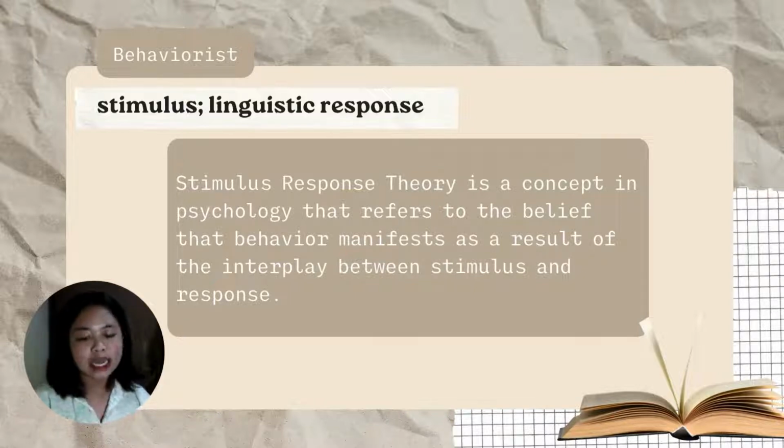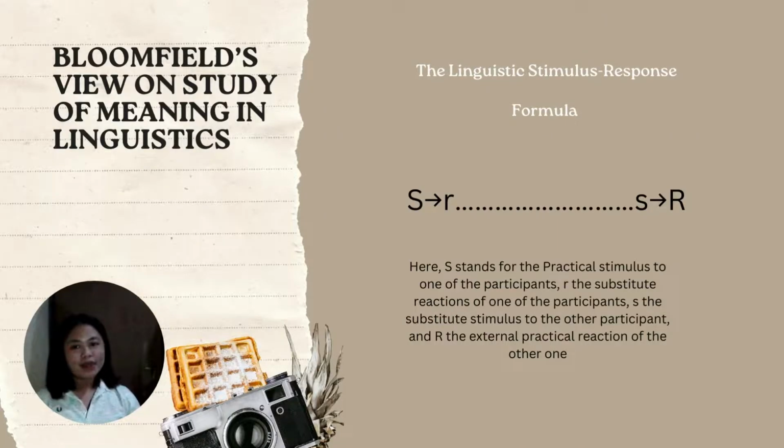Suppose that Jack and Jill are walking down a lane. Jill is hungry. She sees an apple in a tree. She makes a noise with her larynx, tongue, and lips. Accordingly, he proposed the linguistic stimulus-response formula. So we have here Bloomfield's view and study of meaning in linguistics.